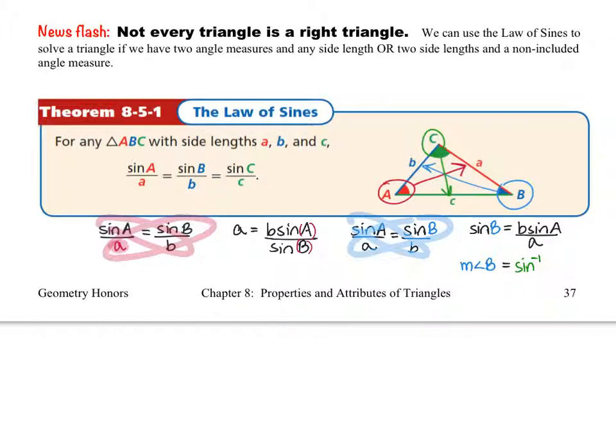That brings us to the measure of angle B is equal to the inverse sine of B times the sine of angle A over the side length A. And that's how we would solve for the measure of an angle.